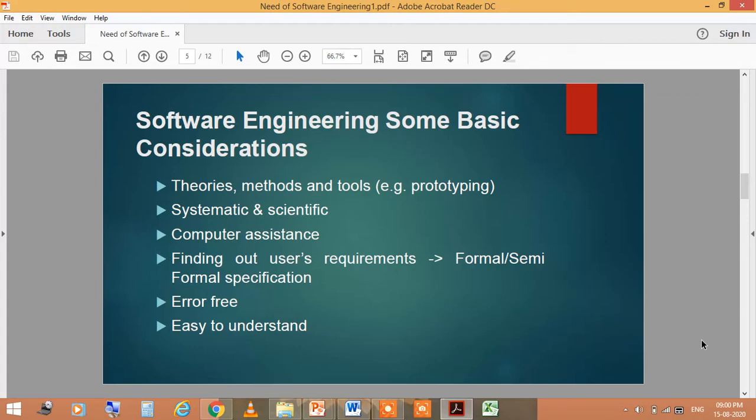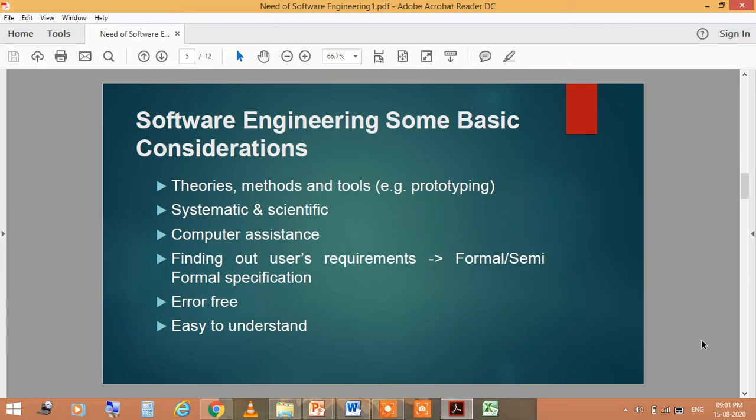Computer assistance is also required, because until and unless we are aware of the computer tools, it's important. Next is finding out the users' requirements, formal and semi-formal specifications.